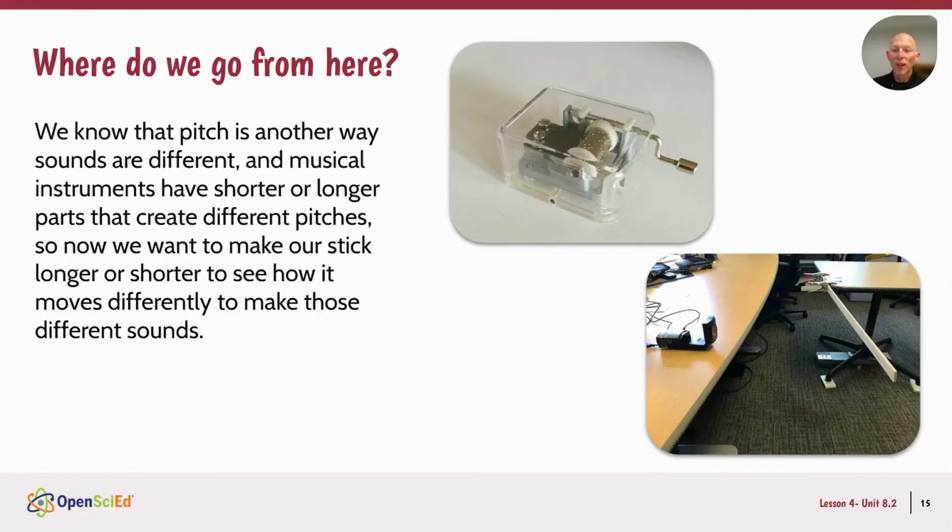We know that pitch is another way that sounds are different. So in the next lesson, we're going to investigate pitch and think about how we can adjust our meter stick apparatus to represent the vibrations that produce high and low pitches.